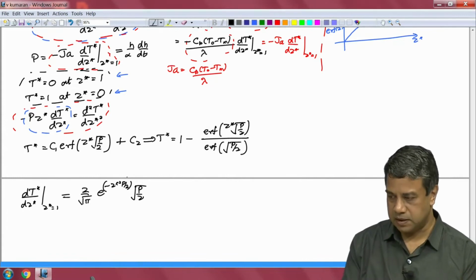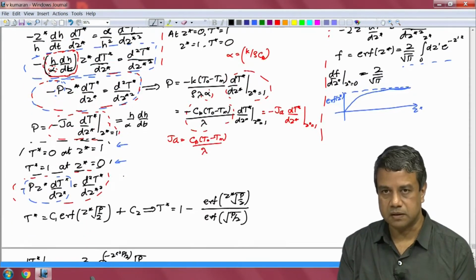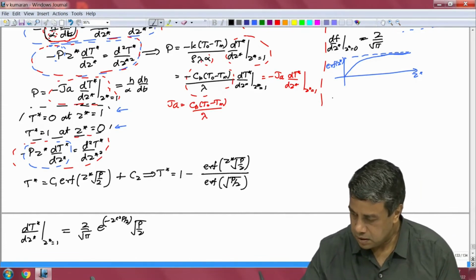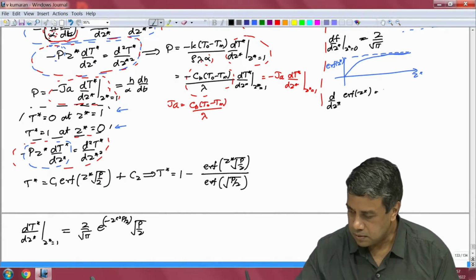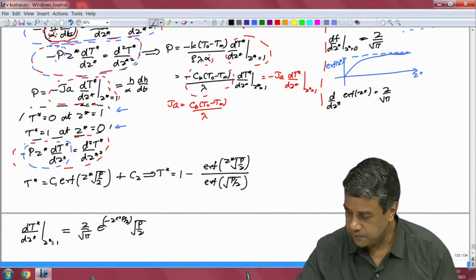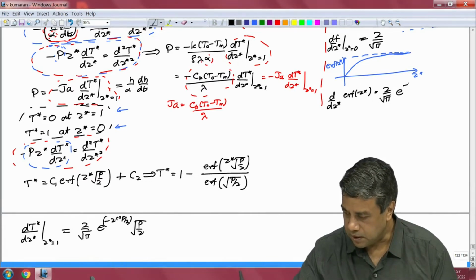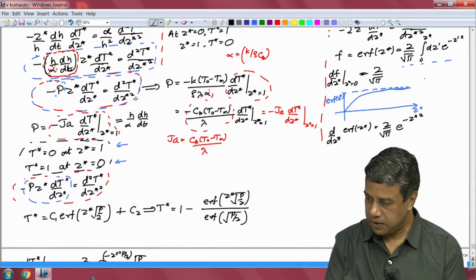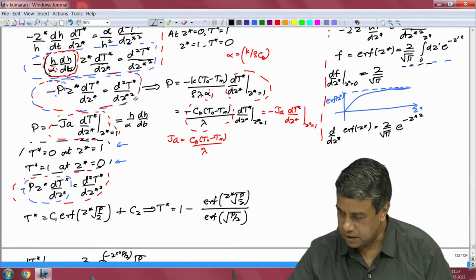So, let me just illustrate that here using this. Is equal to 2 by root pi, e power minus z star square. That comes about just by taking the derivative of this one.